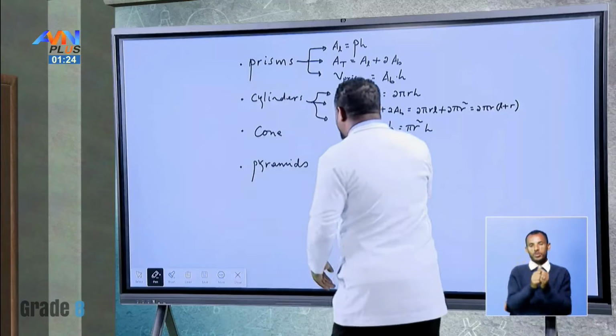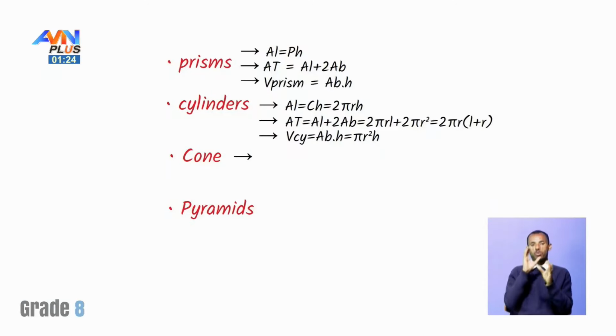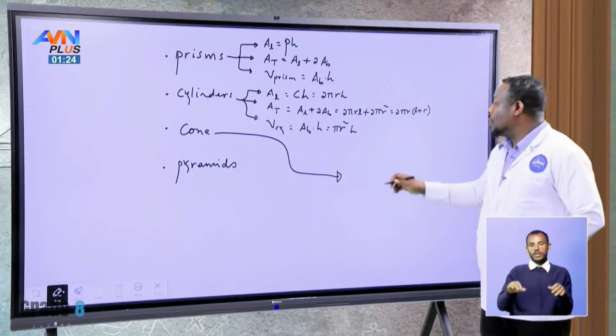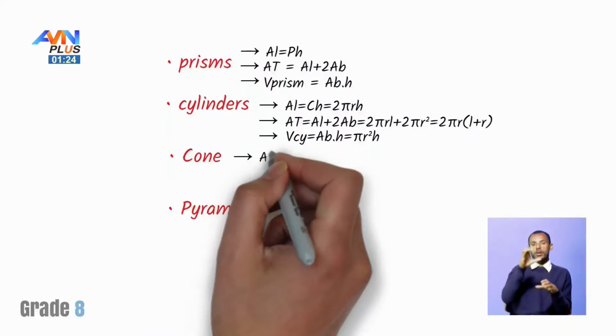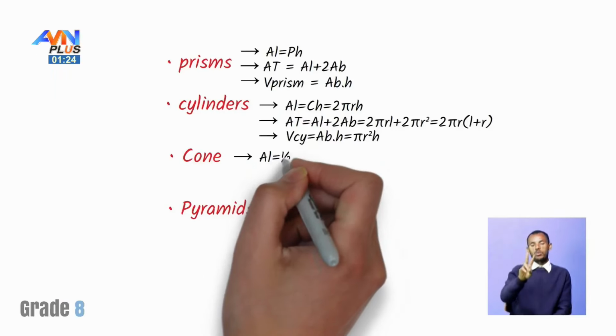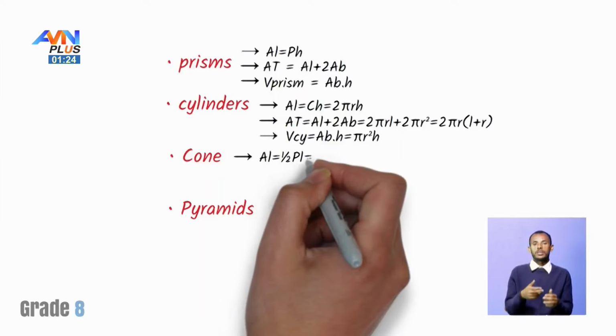For example, if you want to calculate the lateral surface area of a cone, it is given by half of the perimeter of the base times the slant height.